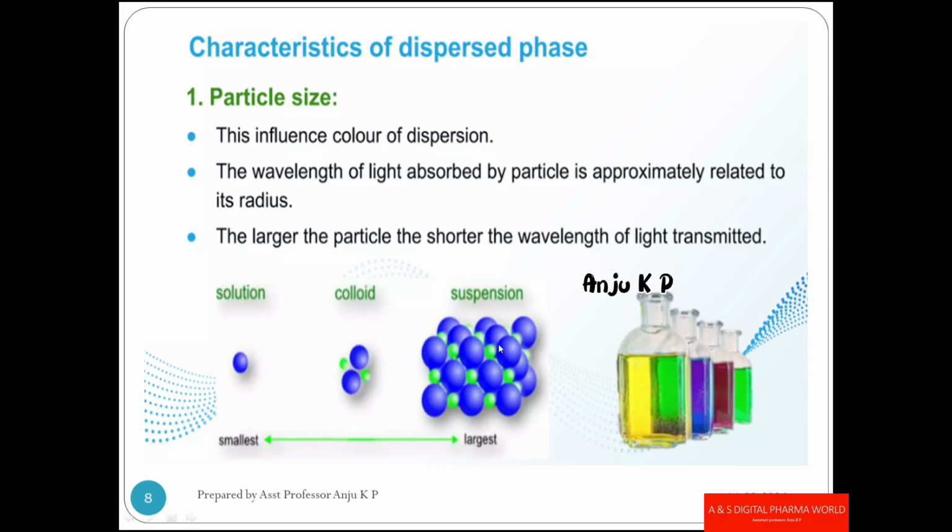The smallest is a true solution, completely dissolved with small particles. A colloid is not a true solution but has larger particles, at a medium level. And the coarse dispersion, that is the suspension, has the largest particles. This is how particle size influences color.